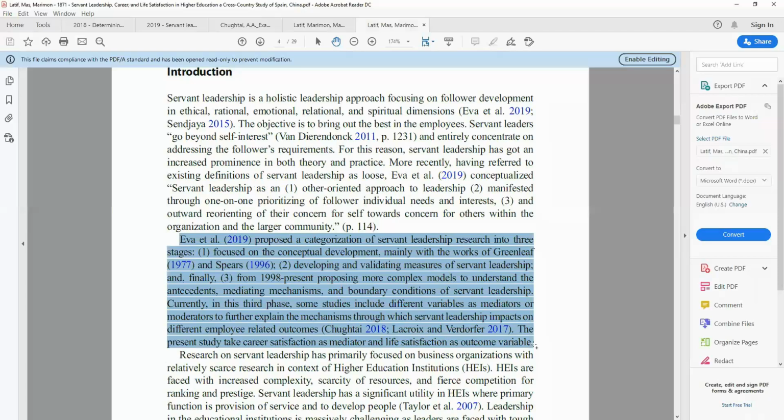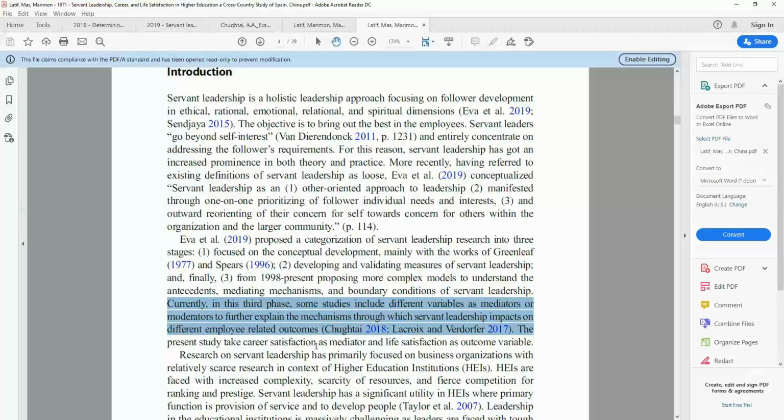Eva et al. 2019 proposed a categorization of servant leadership research into 3 stages. The first focused on conceptual development, second on developing and validating measures, and the third, till present, focusing on complex model development. Currently in the third phase, some studies include different variables as mediators or moderators to further explain the mechanism through which servant leadership impacts on different employee outcomes.